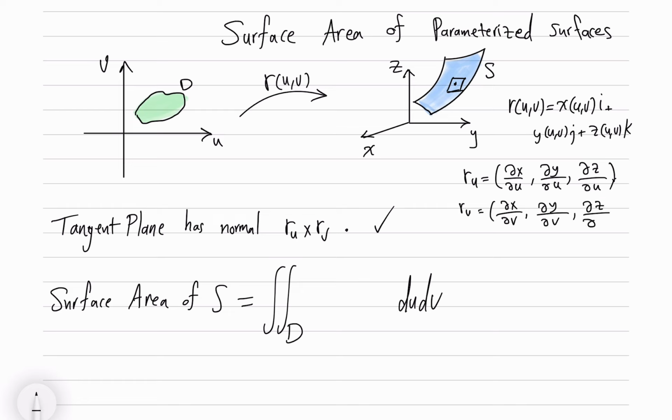And part of the assumptions, a good parameterization, an admissible one, would be where these are non-zero and non-parallel, so that this cross product is non-zero.